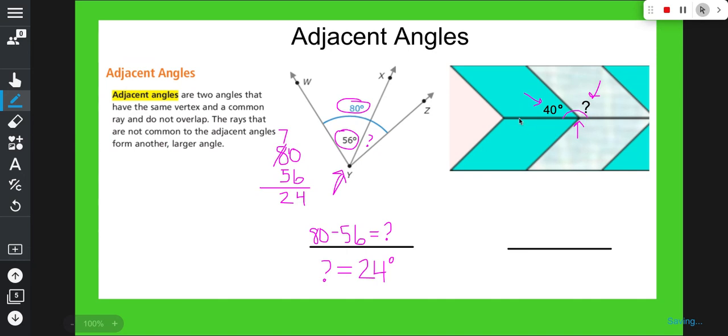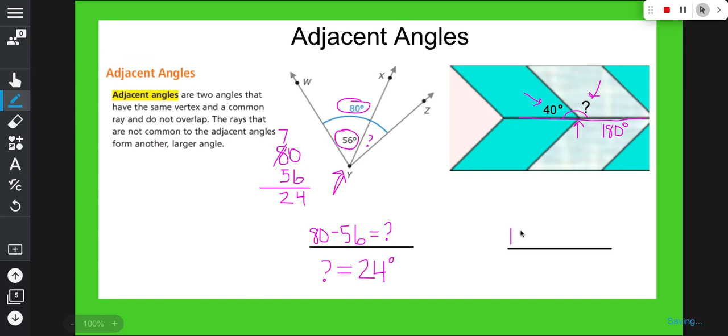And if we look at that angle right there, what did it create? Hopefully you realized it created a straight angle. And how many degrees is a straight angle? It's 180 degrees exactly. So we do have a piece of information that was given, but we have to know that piece of information.